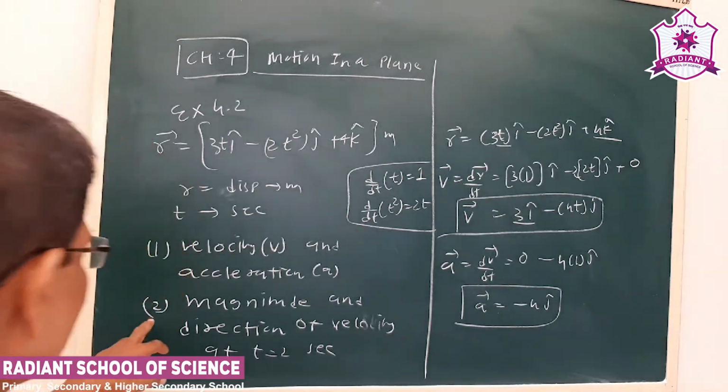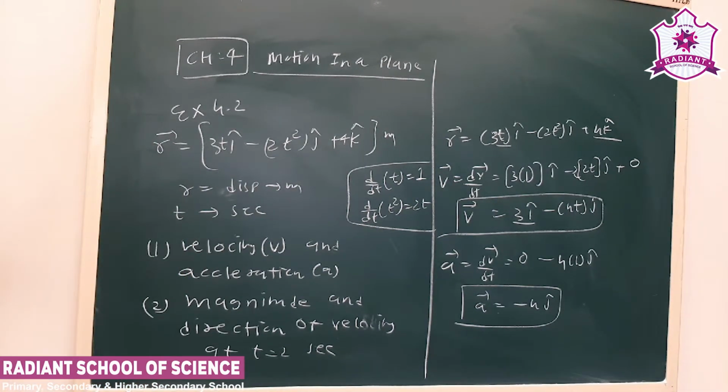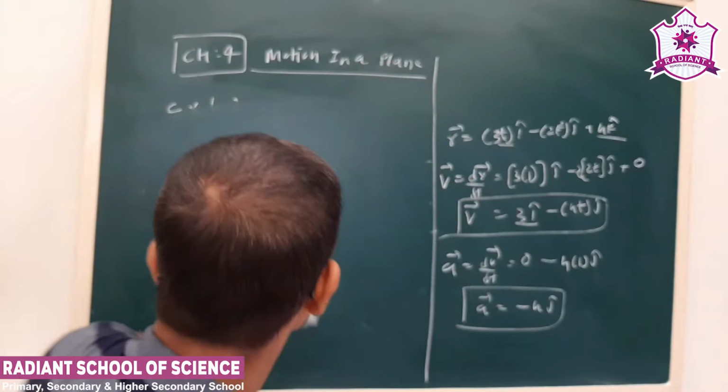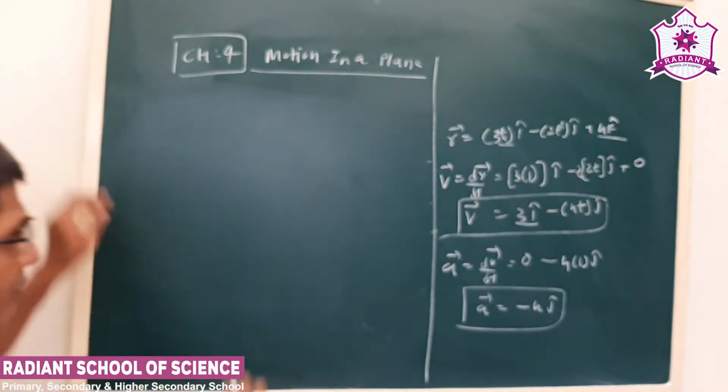Now the second part of the question: magnitude and direction of the velocity at 2 seconds. Now see what we have obtained.